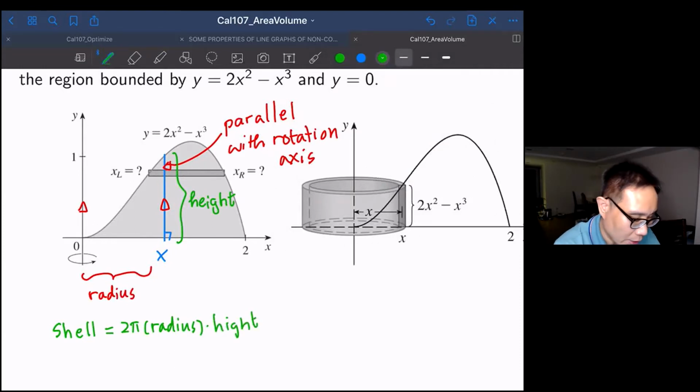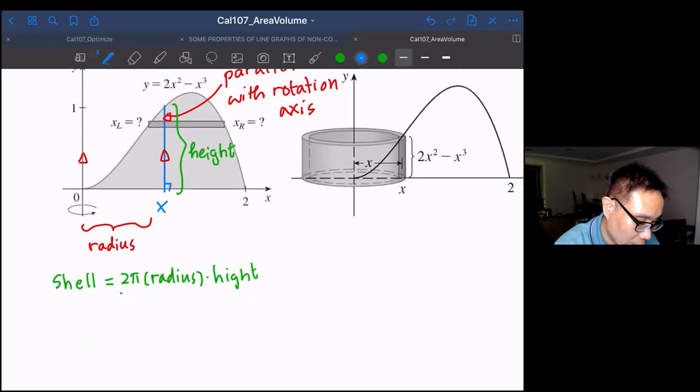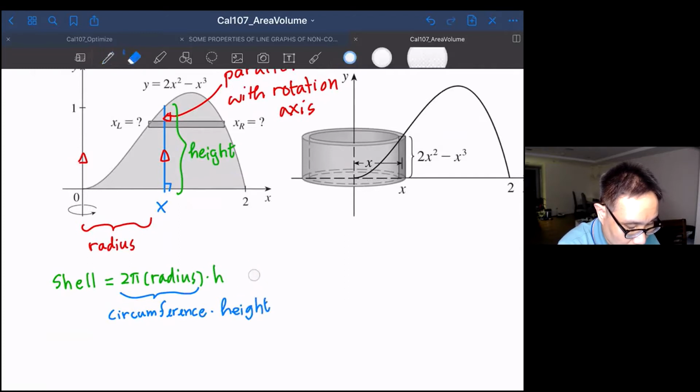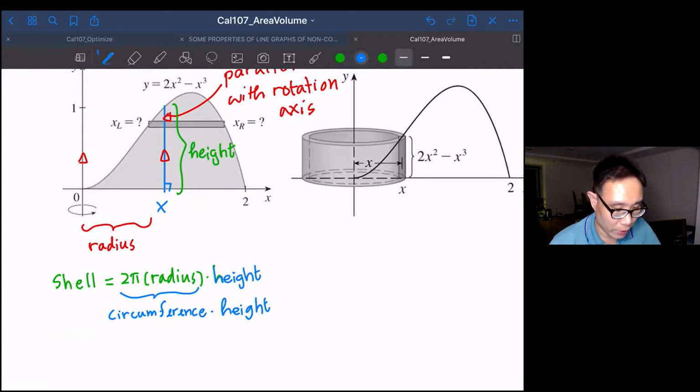Basically, you may memorize this as circumference multiplied with the height.